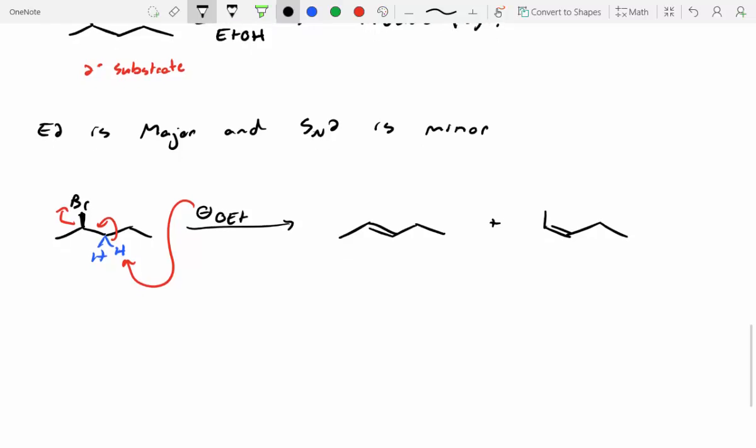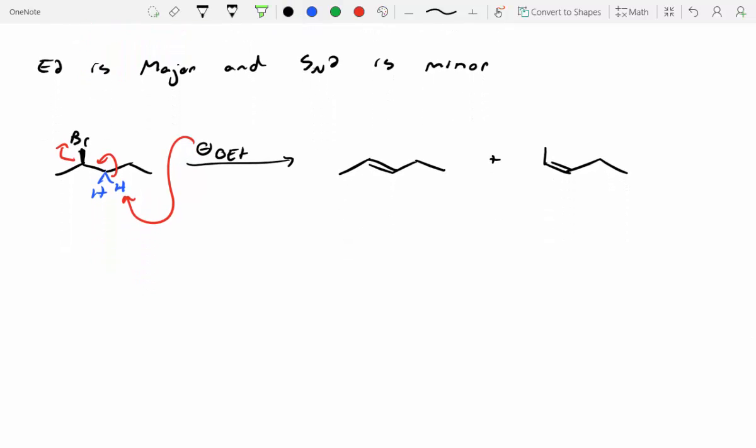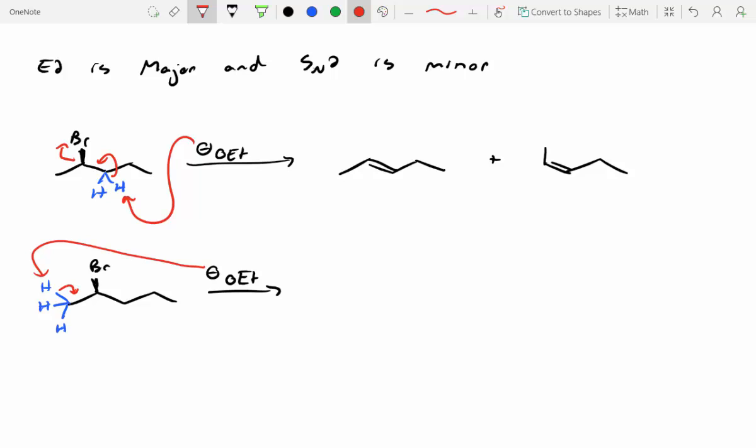Okay, are there any other E2 products we could get? Hoffman product, right? So we could say, hey, I've got some beta protons hanging off over here. Doesn't matter which of them I pull off. So I'll just grab one of them, clamp down, kick off the bromine. All right, so these are going to be our Zaitsev products.